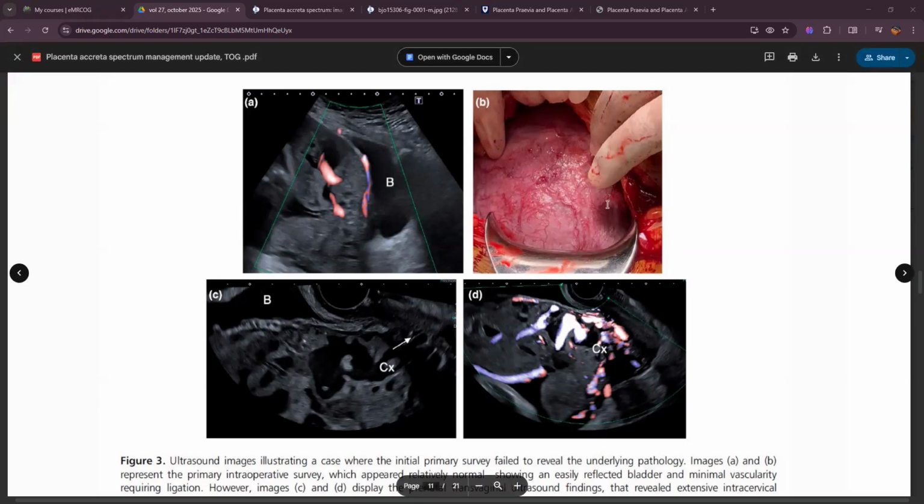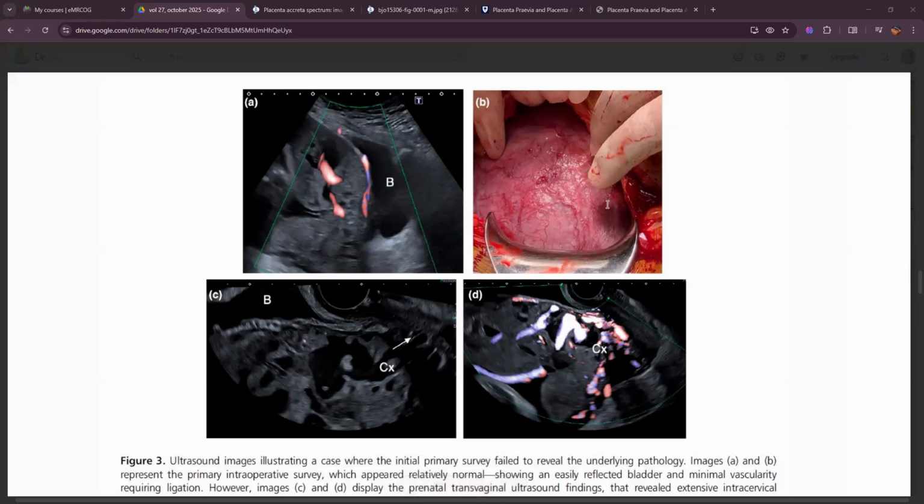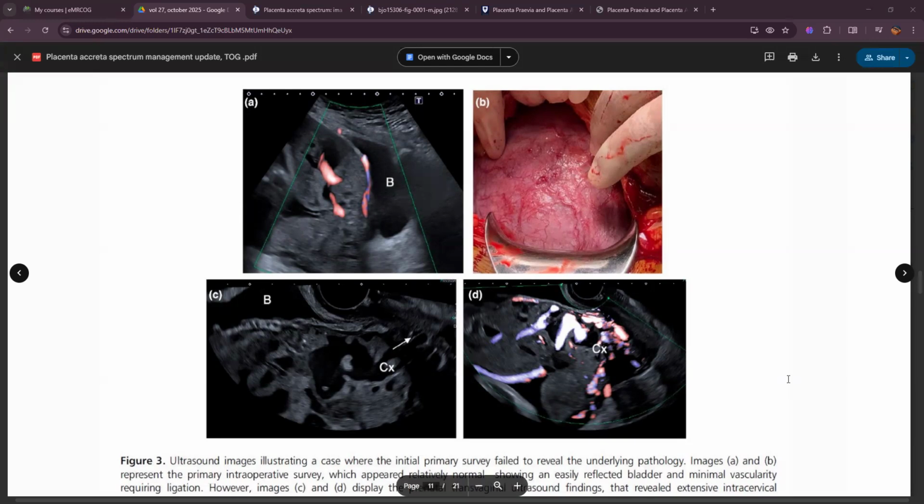This is like the initial survey. You have opened up, and the uterus is looking like this. So what do you think? Is this normal or abnormal? If you know the normal, you can detect the abnormal. For you guys, if you have this, tell me.